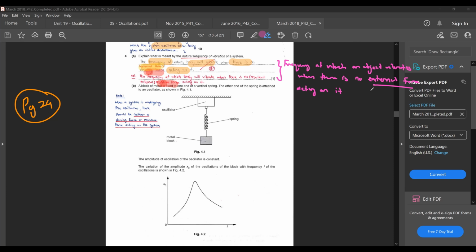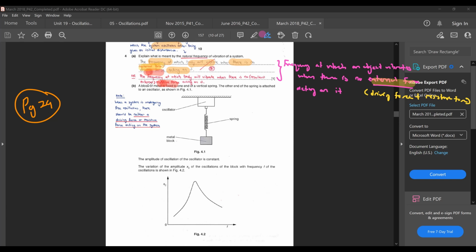External force here already means driving force and resistive force. So this is a better term to use. I did mention this last week too.